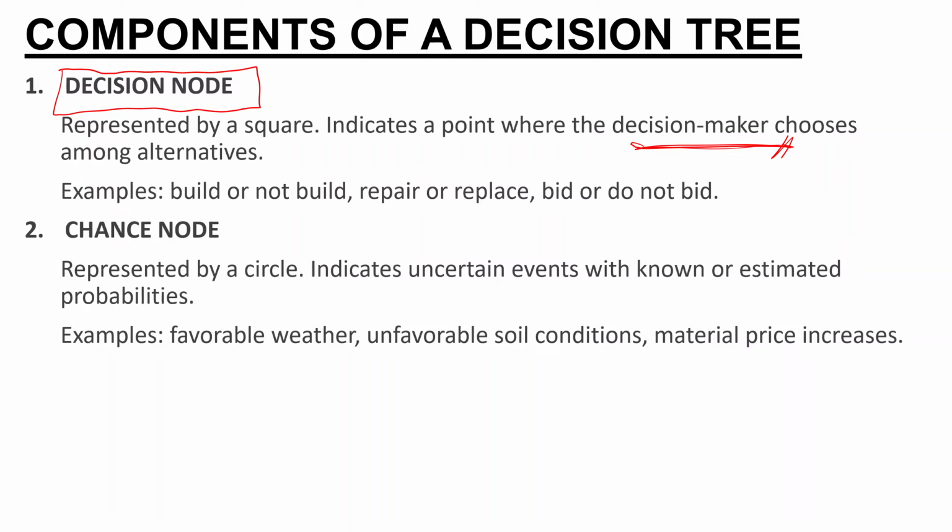If you remember the earlier example about a contractor winning or losing a project bid, if the contractor wins, there are possible outcomes: favorable site conditions, normal or moderate site conditions, and poor site conditions.